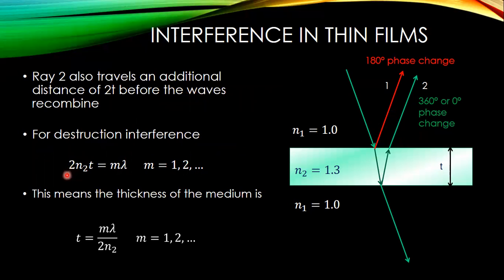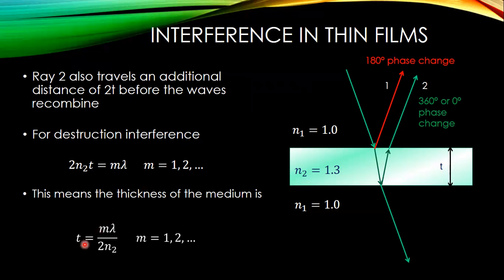Okay, so destructive interference, we can do this. Once again, we're going to say it's going to make 2 trips. It's going to go down, then it's going to go up for the second ray, which is being reflected. So we can say that for twice the index of refraction times the thickness, if that's equal to m, being an integer, times the wavelength of light, we are going to get destructive interference.